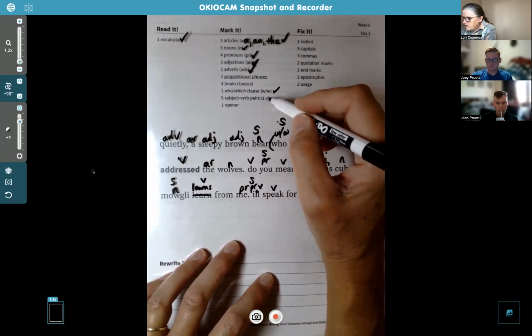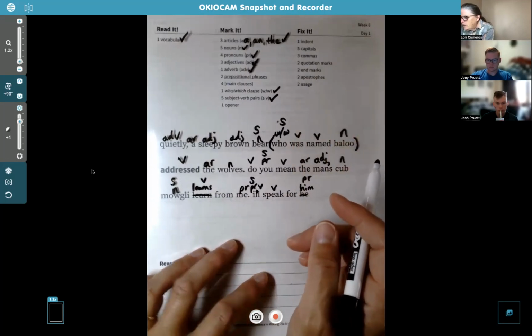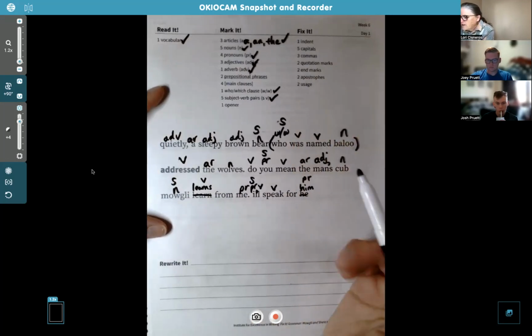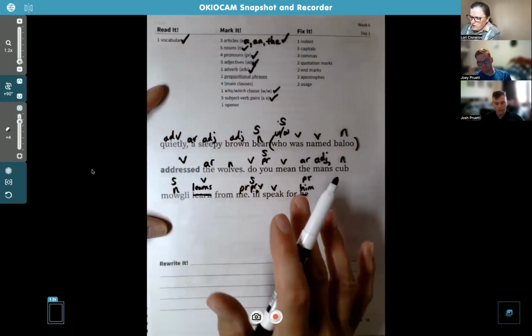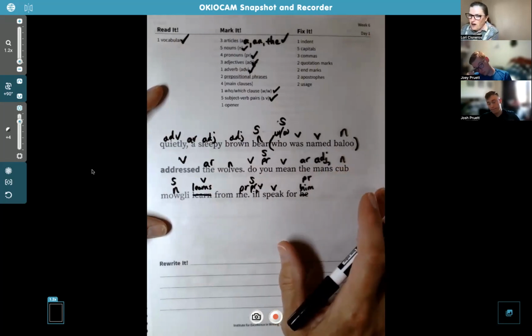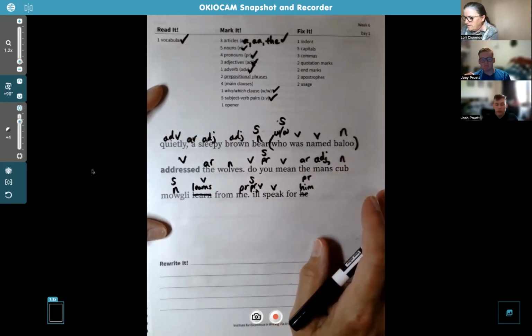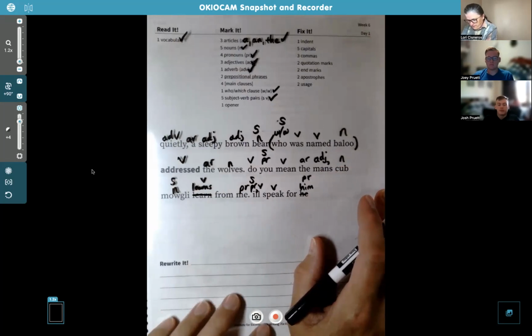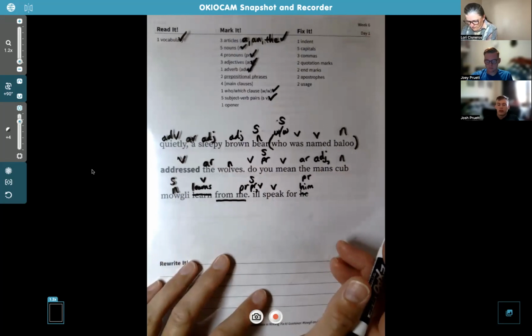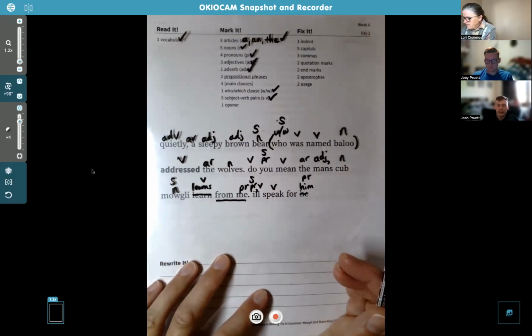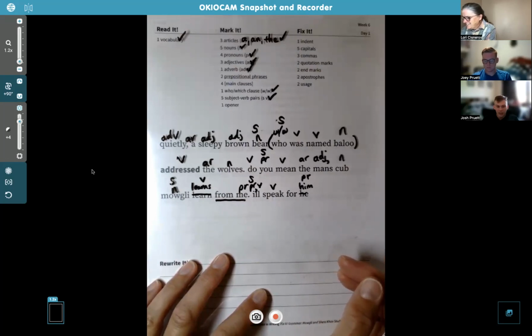Okay, you got it. So the next two up here, remember how I told you if you come back to that prepositional phrase, look for a word that does not have a label on it. That's going to help you find it. From. From me is one. Everything has a label. Nope, there's one that doesn't. There is.